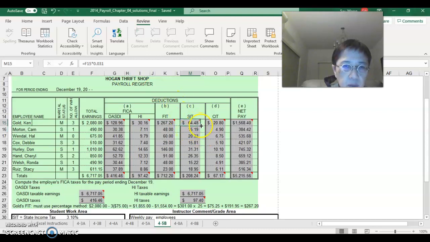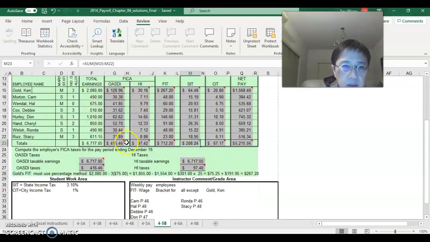If you want to drag it, you get a little plus here, you drag it all the way down from M16 to M22, and then you need to sum it up. All of this you need to sum up also. So you see the formula for summing: SUM(M15:M22).